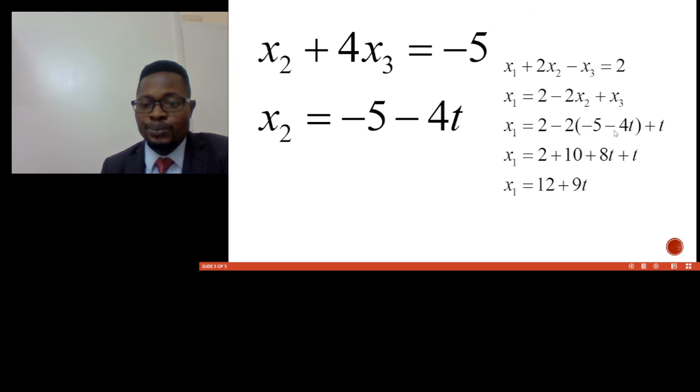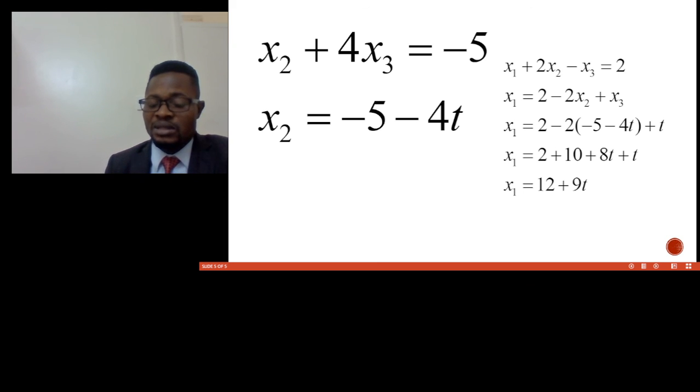So you replace x2 with negative 5 minus 4t, so that you have 2 minus 2 into negative 5 minus 4t, plus t. Expand this bracket: negative 2 times negative 5 is positive 10, and negative 2 times negative 4t will be positive 8t, plus t. Now 8t plus t is 9t and 2 plus 10 is 12. So our x1 is 12 plus 9t. So this is the solution to this equation.